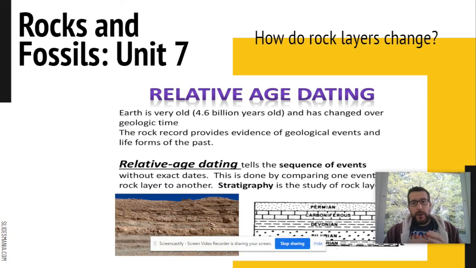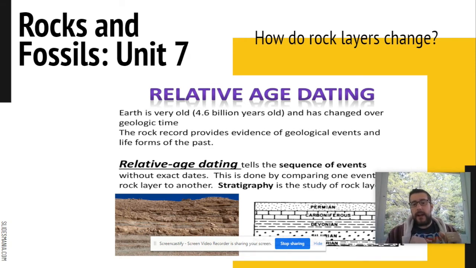Today, instead of radiocarbon dating, which is a pretty complex science, we're going to be looking at relative age dating. And this is a vocabulary term right out of our Science Dimensions book that we'd be working on if we were back at the school. So relative age dating looks at the layers. So it's the sequence of events without exact dates, comparing one rock layer to the next.